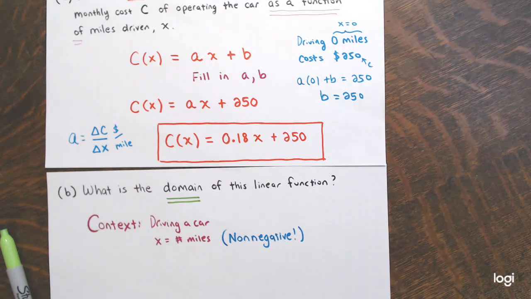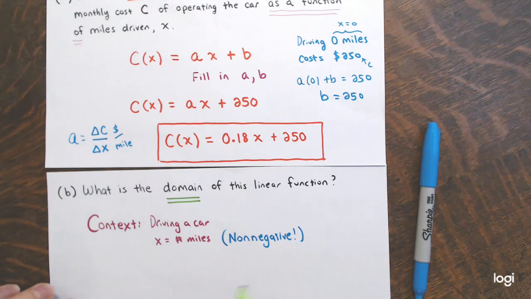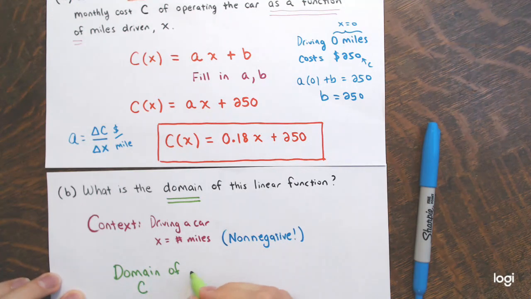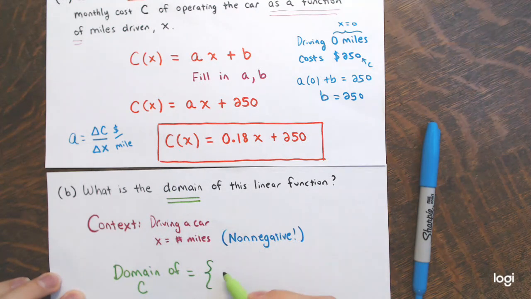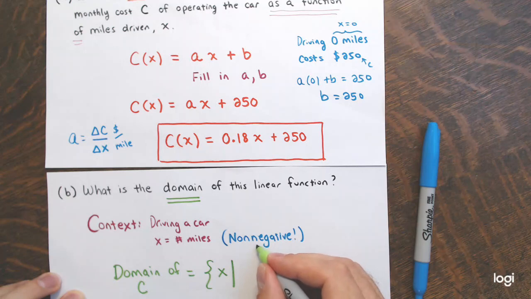So based on the context of the problem, I would state that the domain of function C, this C of X function, is, I can plug in any X I want as long as, with a little set notation here, my input variable is X, and then after the bar I put a little description of what I can use.